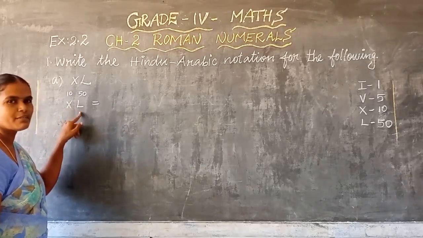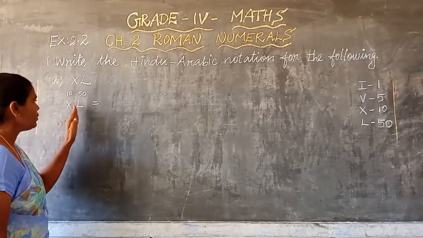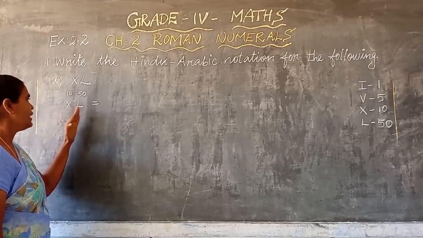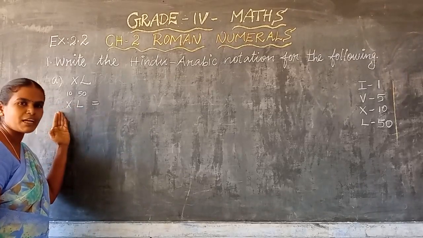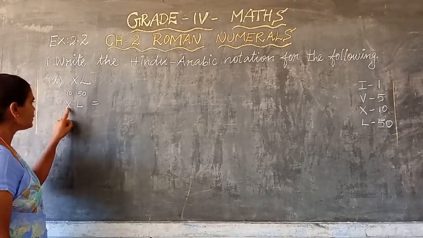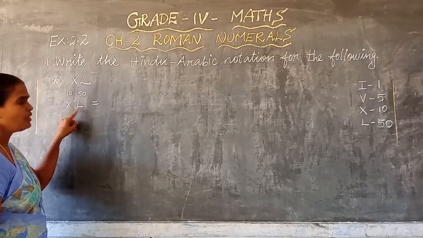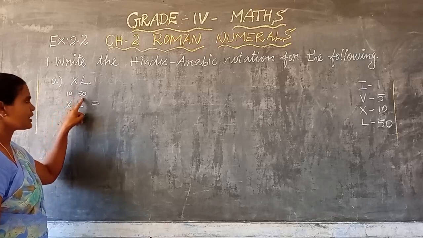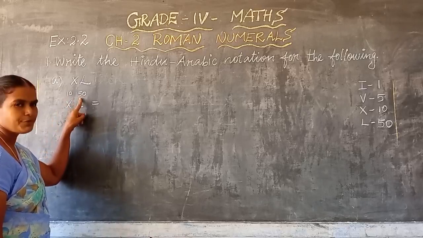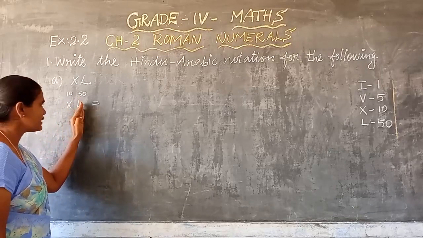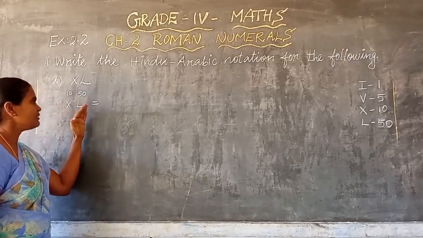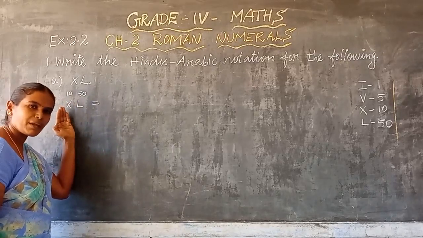Which one is the greater number? L. So on the left side of L we have the small number. Left side small number means addition or subtraction? Subtraction. So here two numbers are given, one value is 10, another is 50. Greater number is 50, and on its left side we have the small number. Left side small number means subtraction.